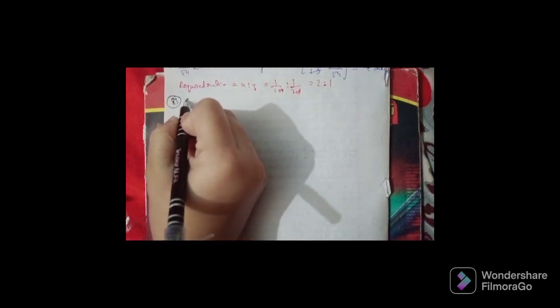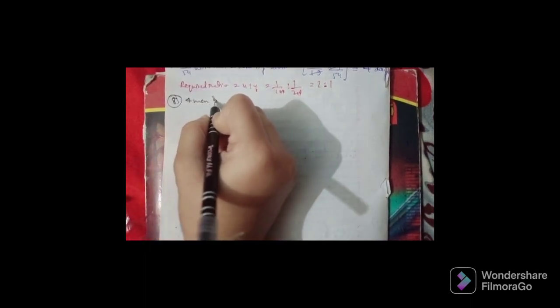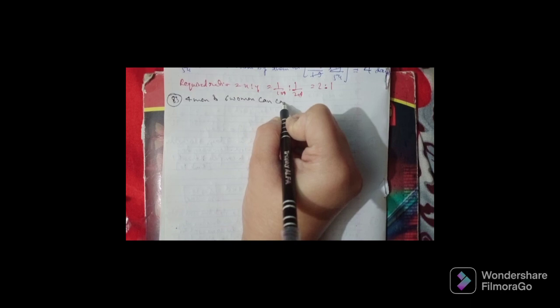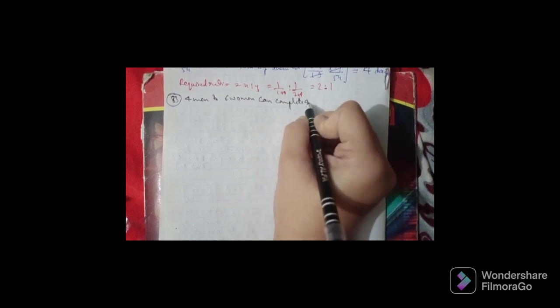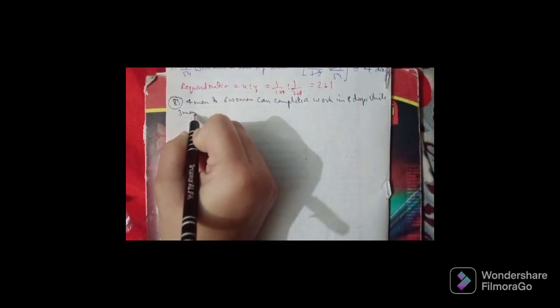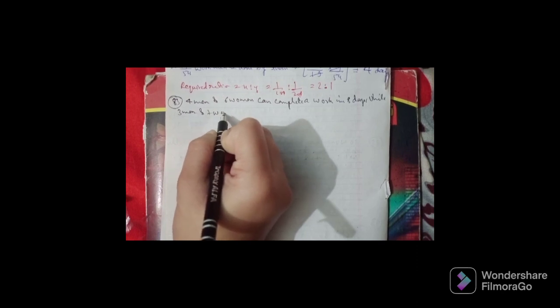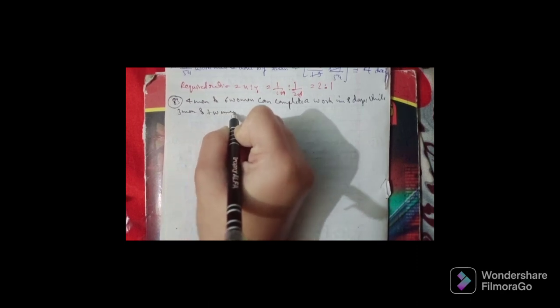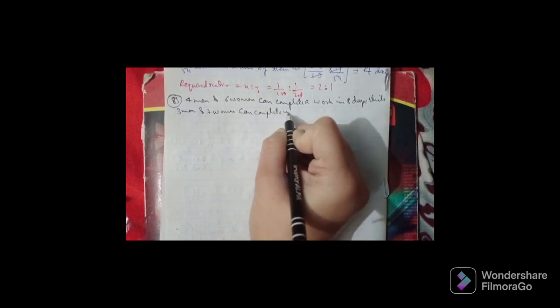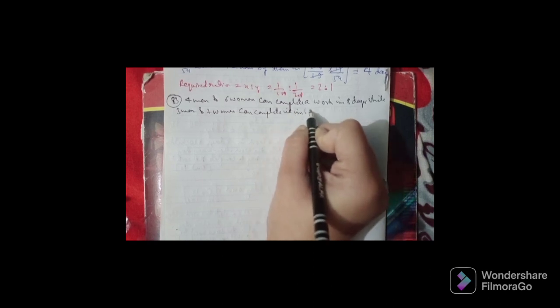So here we go. Four men and 6 women can complete a work in 8 days, while 3 men and 7 women can complete it in 10 days.